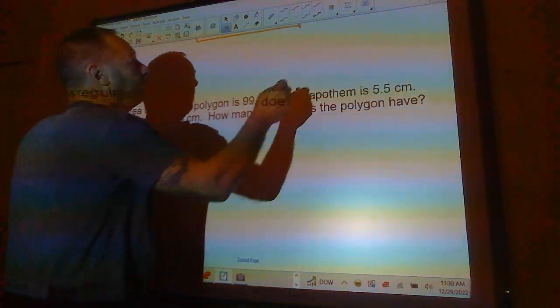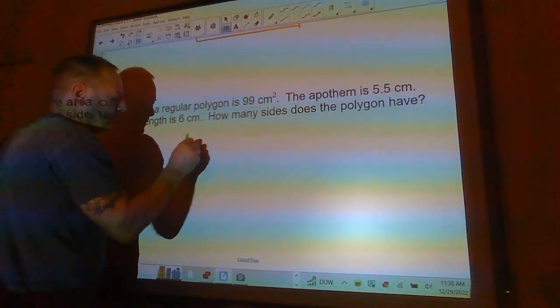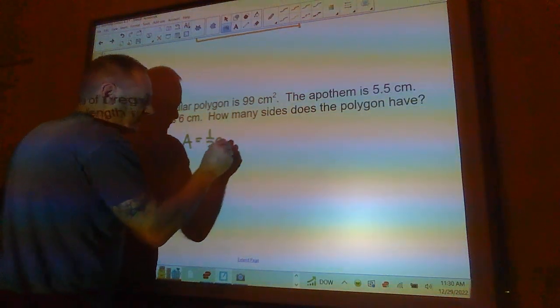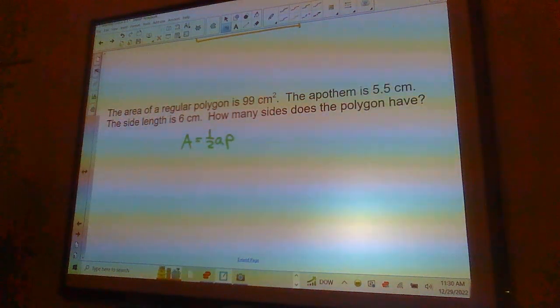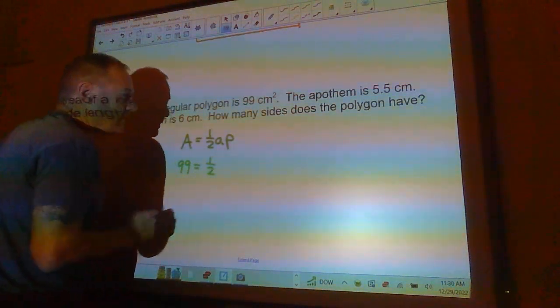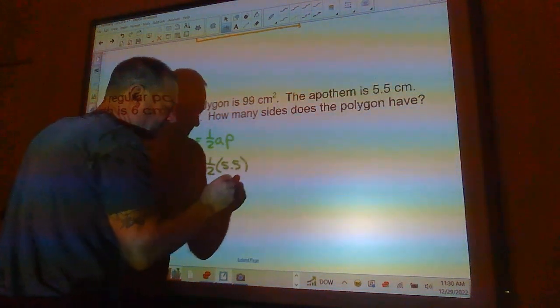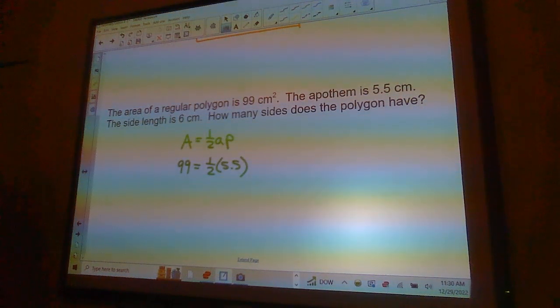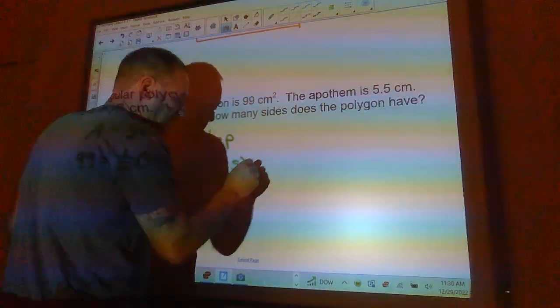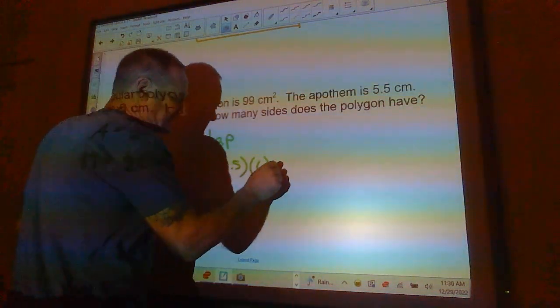Okay, on this one here, we've got our formula written down. Okay, so the area is 99. That's going to go here for A this time. The apothem is 5.5. Okay, the side length is 6. So we're going to go ahead and put that here. And then we don't know how many sides we have.